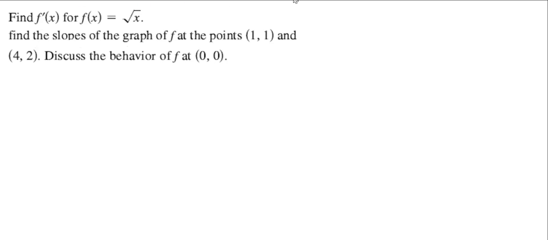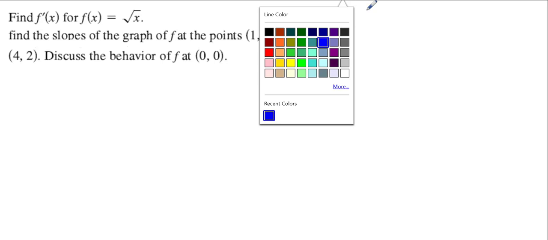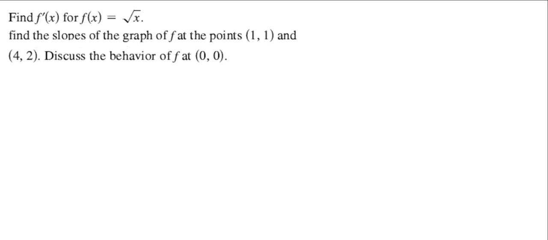Find f prime for f of x equals square root x. The problem continues on by saying find the slopes of the graph of f at the points 1, 1 and 4, 2. Discuss the behavior of f at 0, 0. Okay? So let's see here, f prime. Limit.